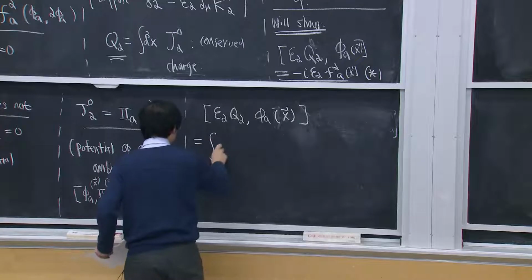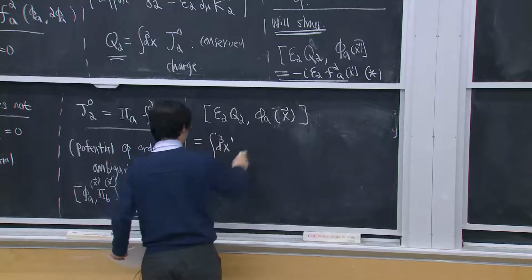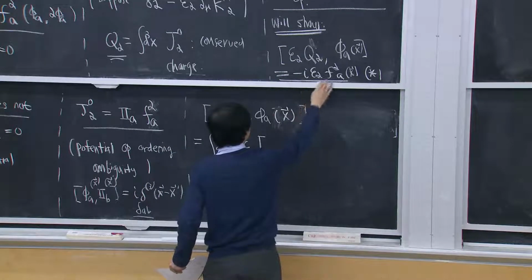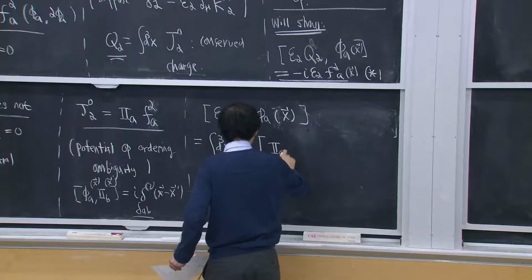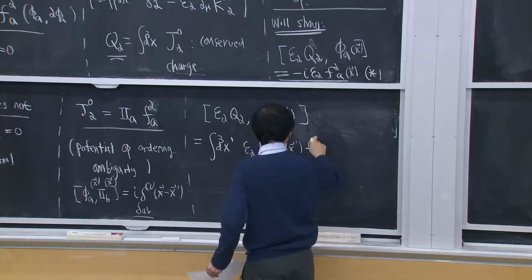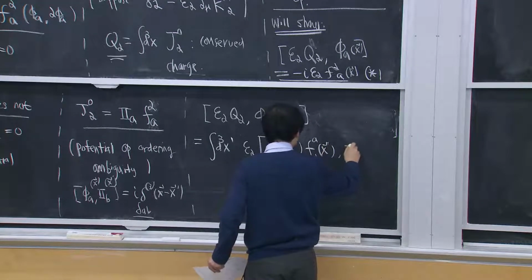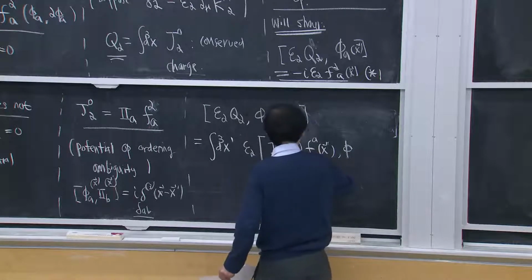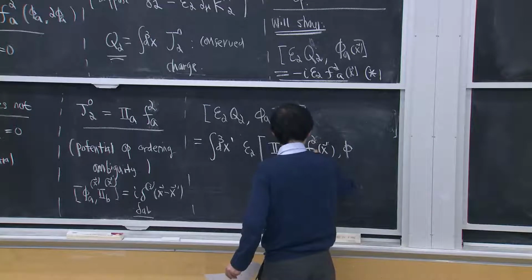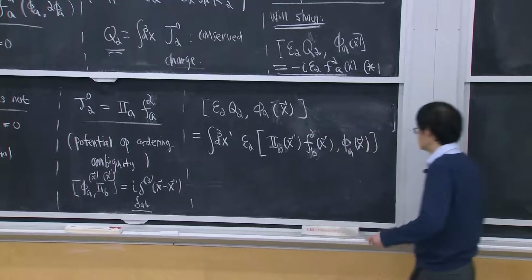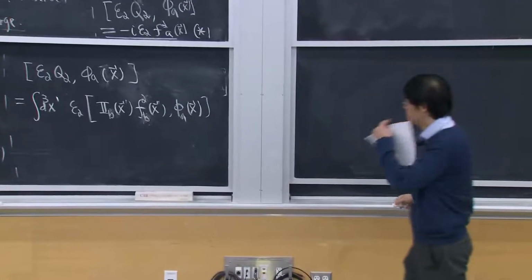This gives me the integral d3x prime of epsilon alpha, then pi A at x prime, F alpha A at x prime, in commutator with phi B at x.